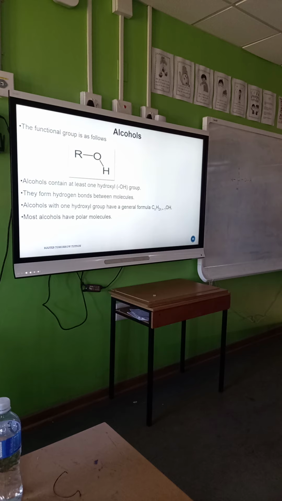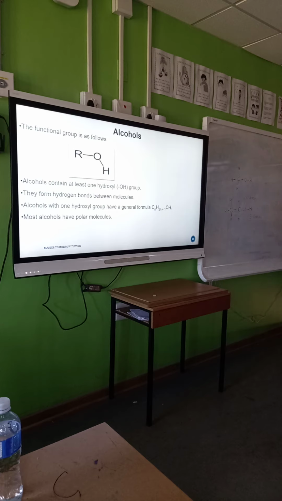So this one, since it's 1 carbon, what is the prefix? Meth. So this one is just methanol. But now, once you start to have more than 1, let's say we have 2, and then here OH, this one becomes ethanol.